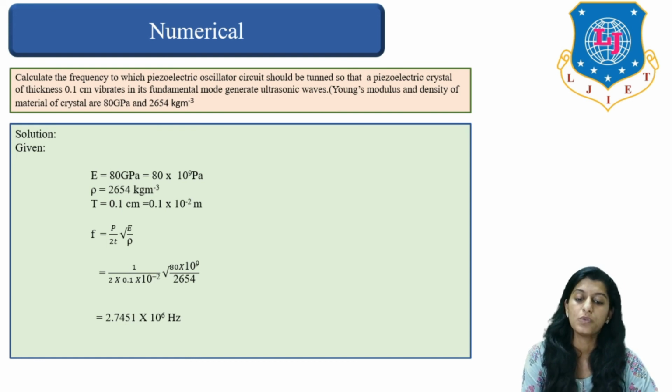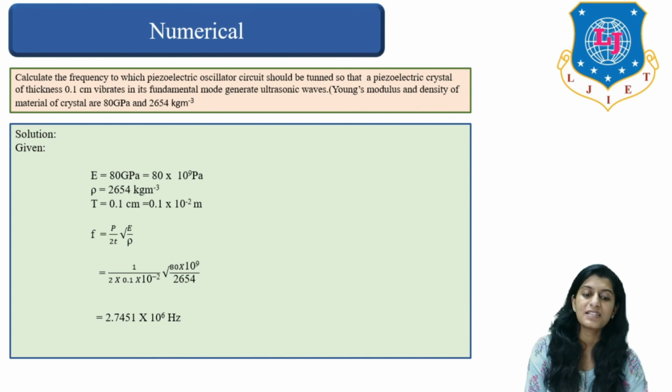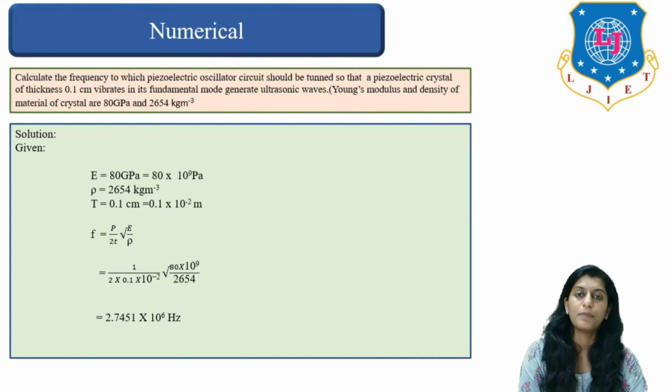So it will be equal to 2.7451 × 10^6 hertz. So this is the frequency which is needed for this particular problem, right? So this is the frequency of the piezoelectric oscillation circuit.